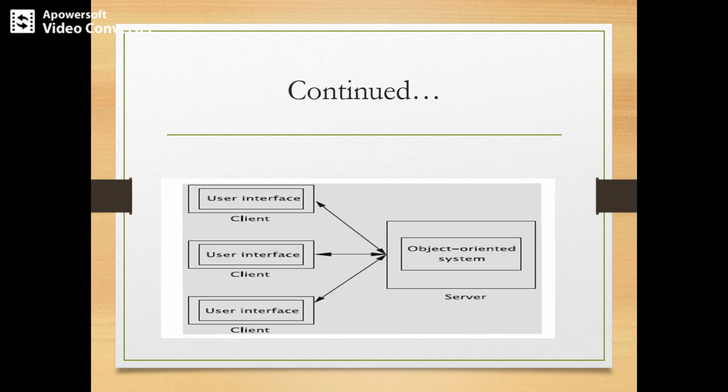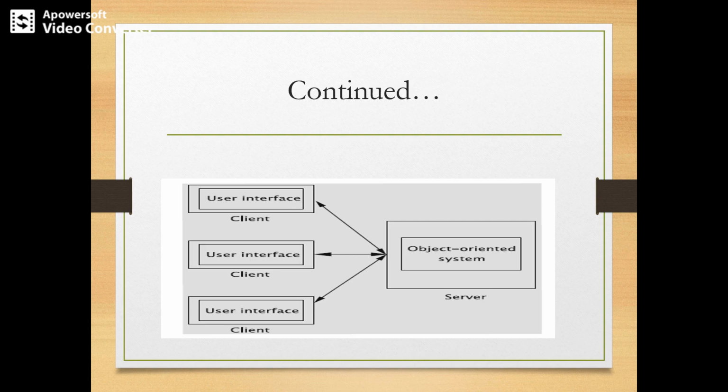Now this is the client server architecture system. We know that this is the object oriented system that we can call the server part, and the different clients. Here we have taken one server and different clients: user interface client 1, user interface client 2, user interface client 3, and user interface client n.